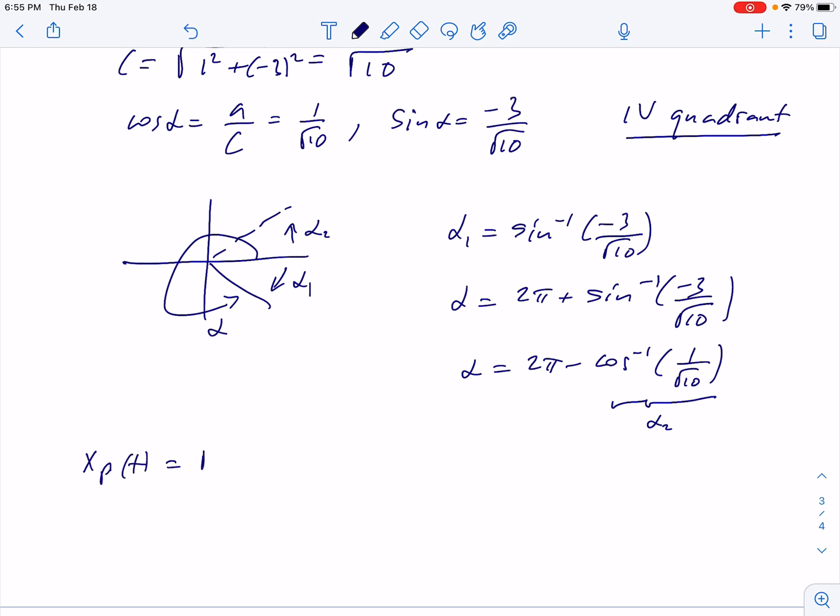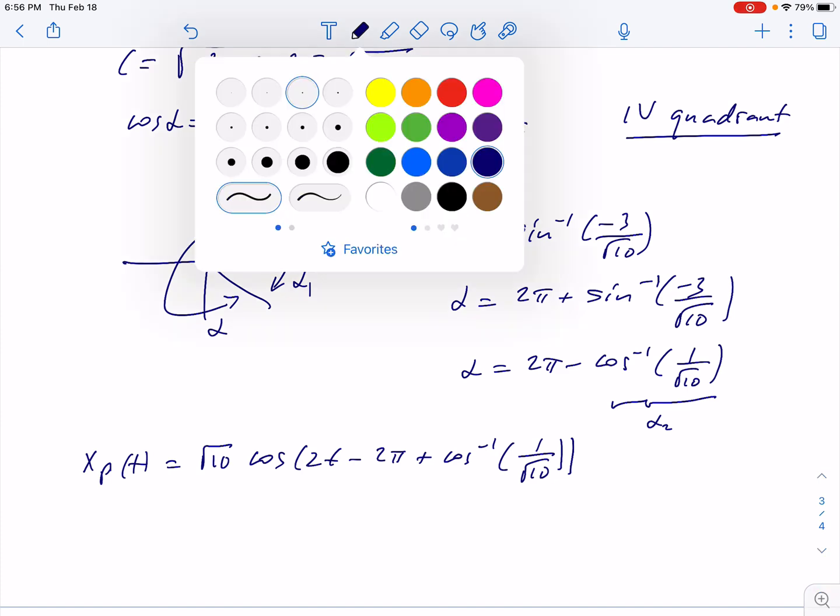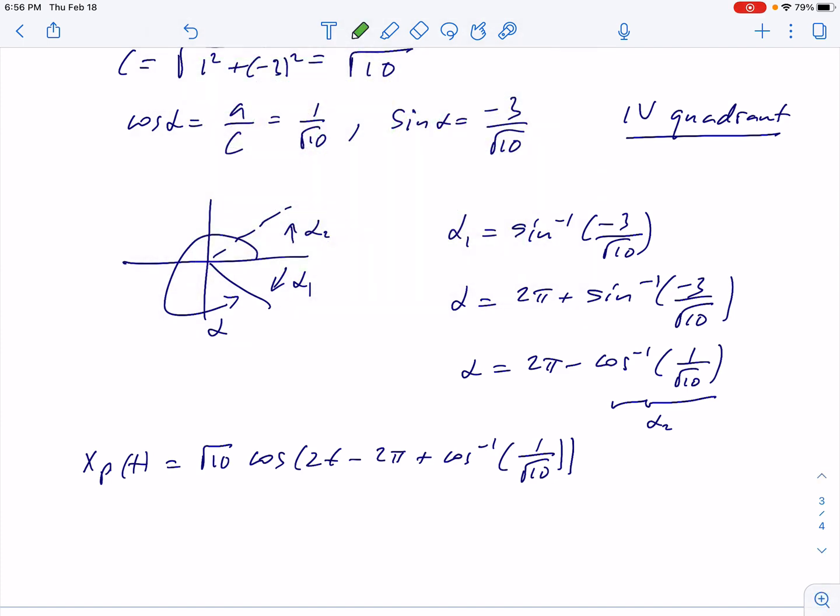C is root of 10. We have cosine 2t minus alpha. So it becomes 2t minus 2 pi. Let's use the second version, and then plus inverse cosine 1 over root of 10. Look, this is our particular solution in standard form.